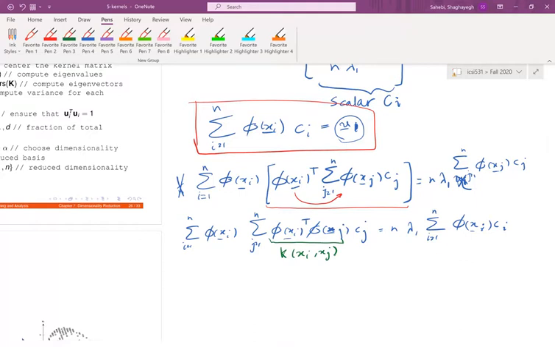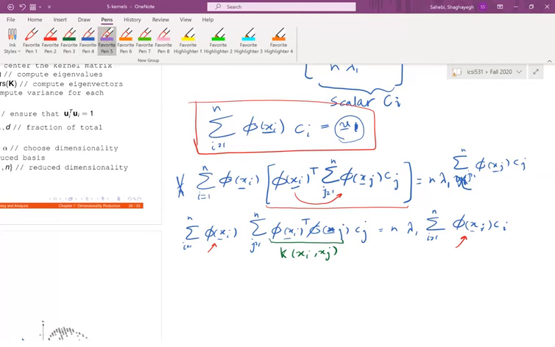But then I still have this phi of xi here and phi of xi on the other side. But because it's kind of a symmetric thing, let's do a trick.